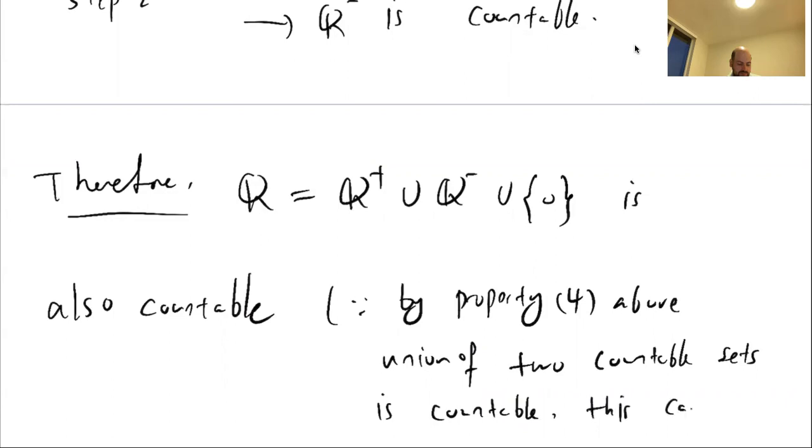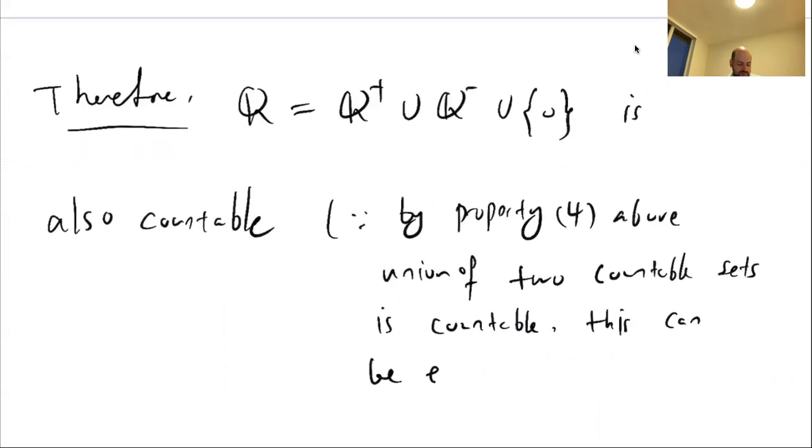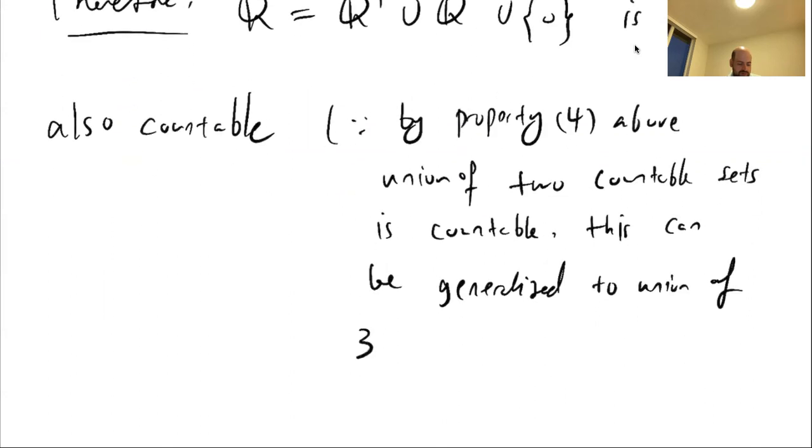This can easily be generalized to the union of 3 countable sets. The union of 2 countable sets we know is countable, but we can easily generalize it for 3 countable sets.